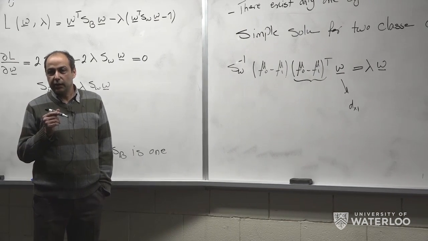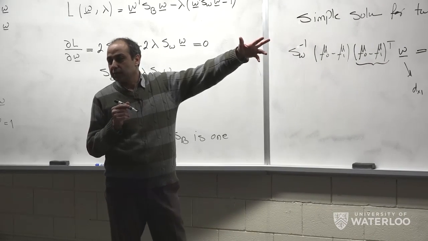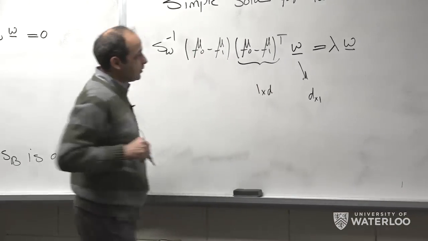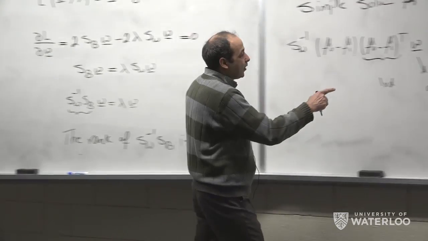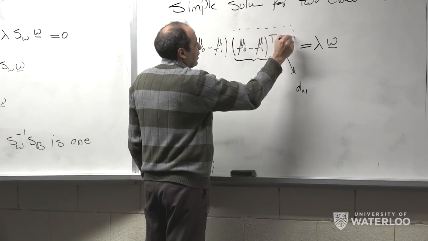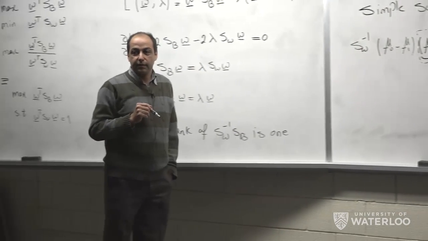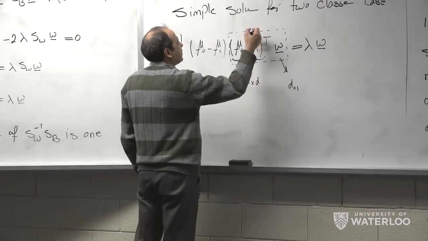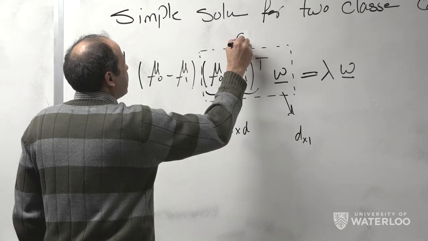It's d-dimensional, right? So mu 0 minus mu 1 would be d by 1. Mu 0 minus mu 1 transpose will be 1 by d. So here I have 1 by d, d by 1. This is going to be a scalar, right? So call this a scalar C.